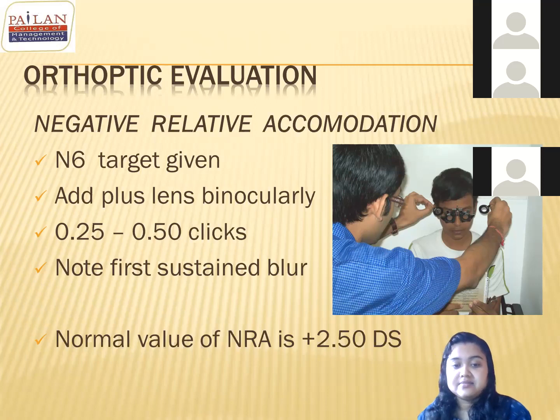If it is lesser, like plus 1.5 instead of plus 2.5 or plus 2.25, that means the patient might have a problem of relaxing accommodation. Either the patient cannot relax the accommodation to the adequate level, or your refraction is wrong.